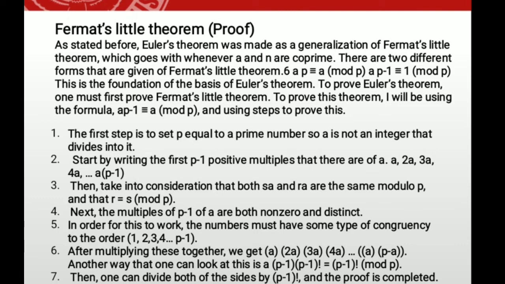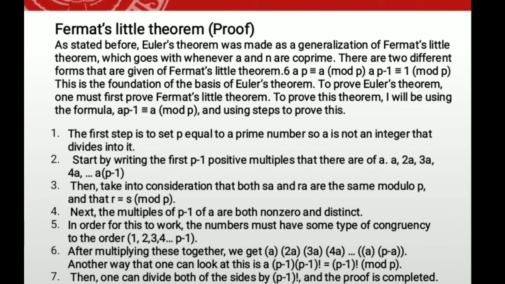Second step, start by writing the first p minus 1 positive multiples of a: a, 2a, 3a, 4a, up to (p-1) times a.